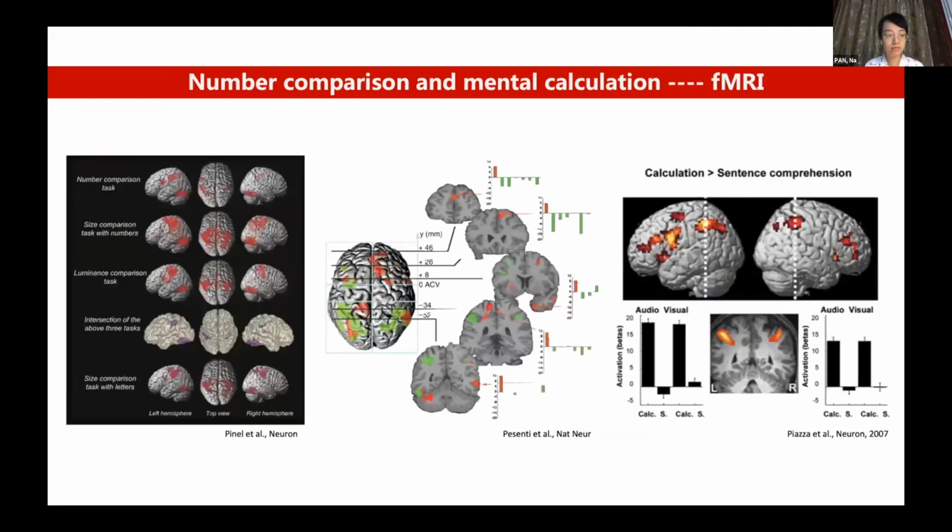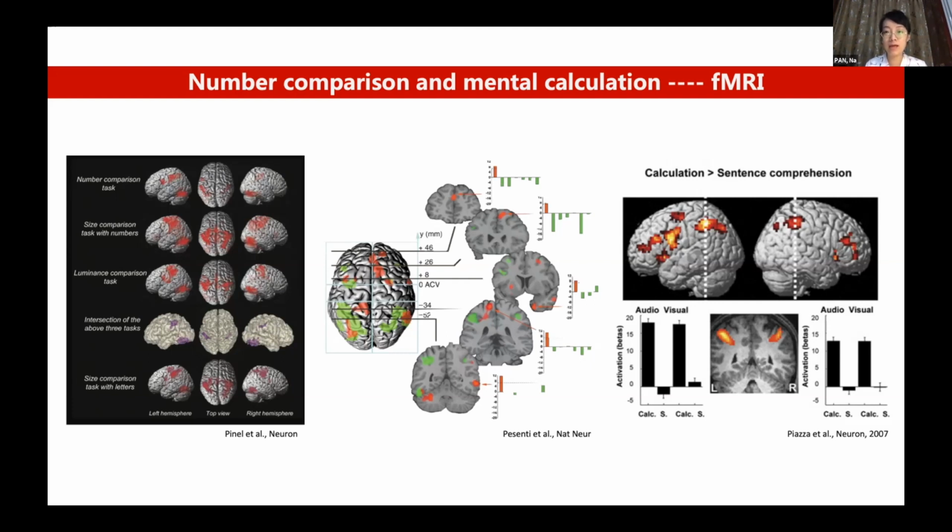In the literature, functional MRI results have shown that many brain subregions are involved in number comparison and mental calculation, like the parietal cortex and the ventral temporal cortex, even the middle frontal gyrus, and the intraparietal sulcus.